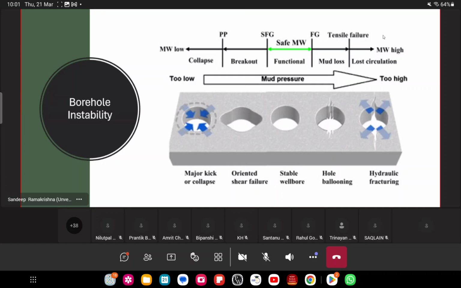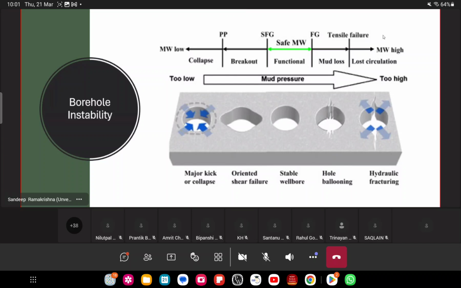Now, there is a frac gradient that we talk about. And if you're greater than that, you're going to have some mud loss, total loss circulation if you're fracking into the formation. And that is the intent of hydraulic fracturing, that you want your fluid to go in, create those fractures and keep them open so that you can produce from them.